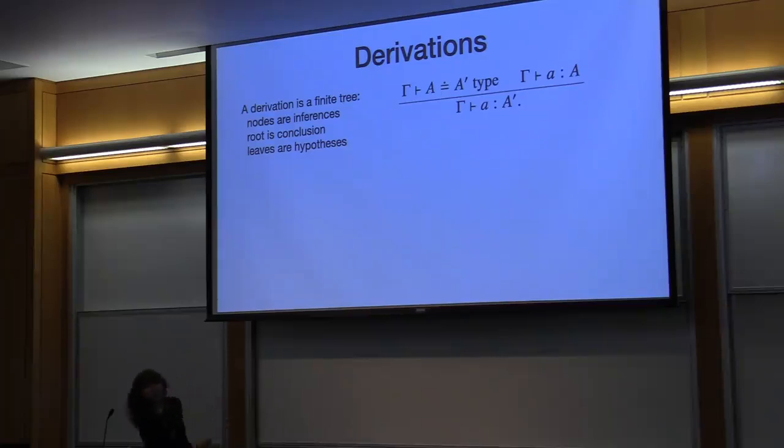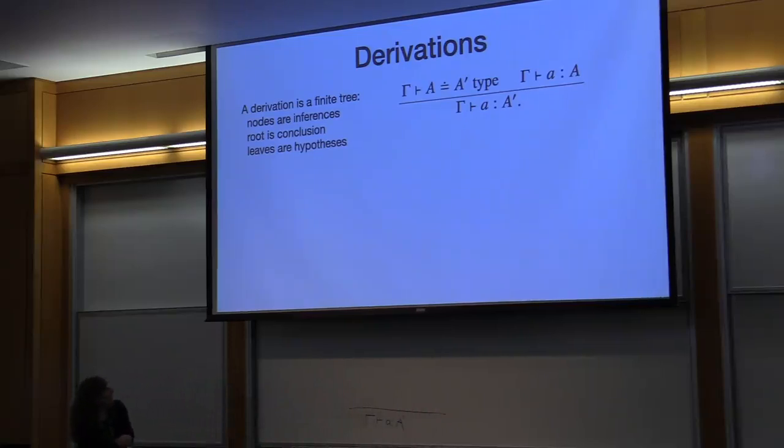Okay. So how do we make derivations? Well, Brigitte just did it yesterday, right? She always started from the bottom. What are we trying to prove? This should be our conclusion. So my conclusion is, in context gamma, I have little a of type A prime.